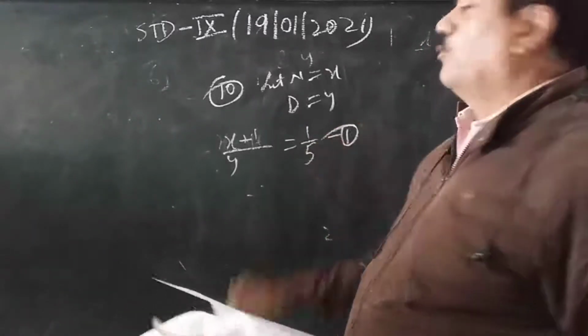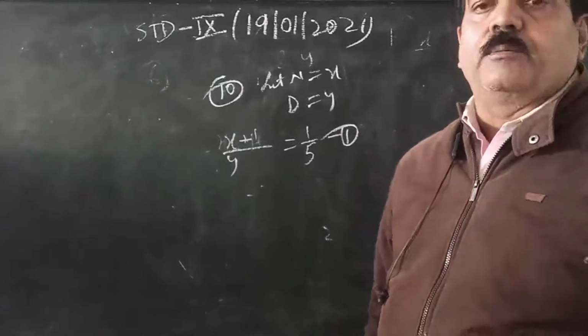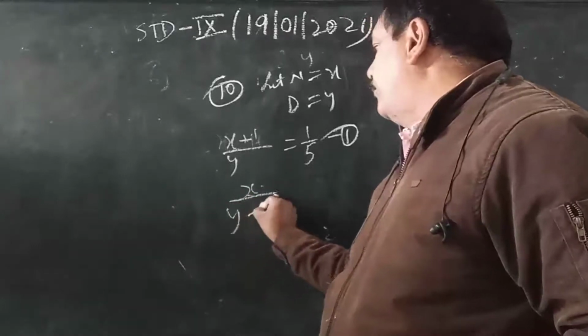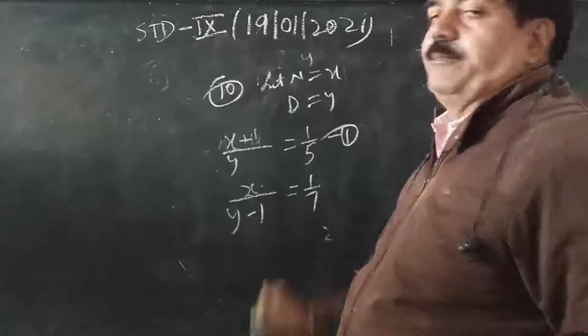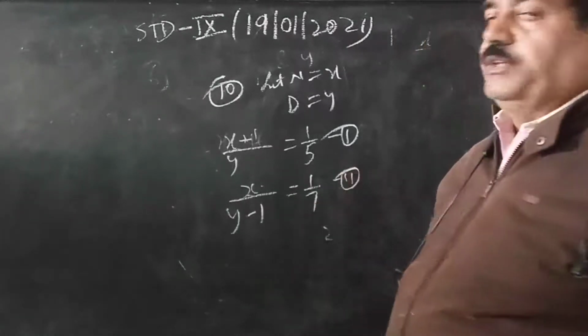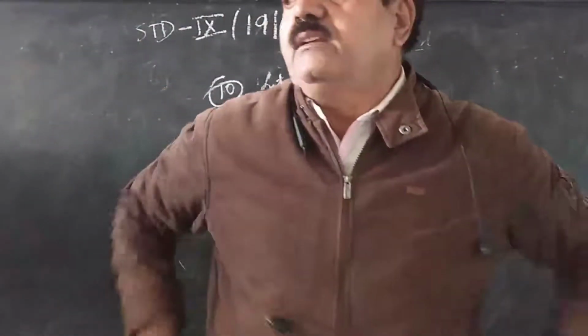This will give one equation. If 1 is subtracted from the denominator, y minus 1, the fraction becomes 1 by 7. This will give the second equation. From these two equations, you have to solve simultaneously and get the values of x and y.